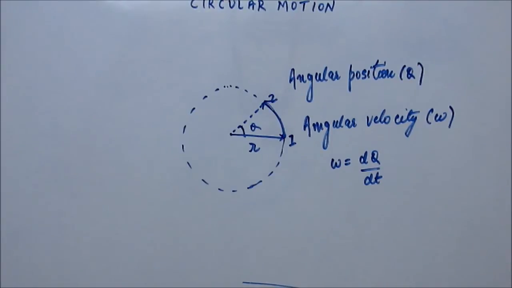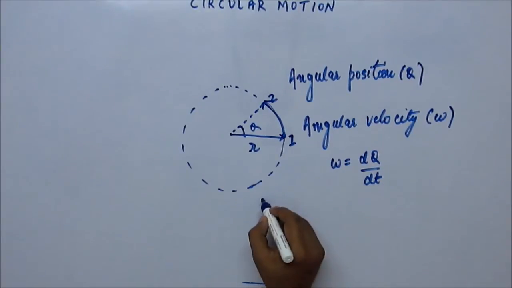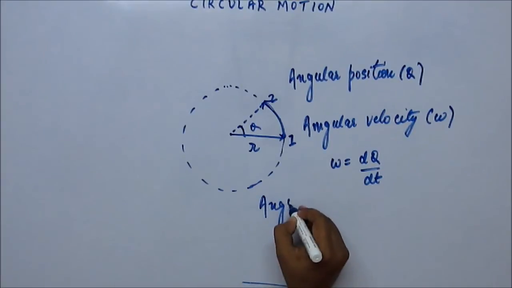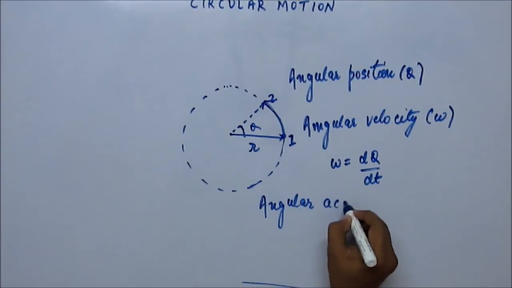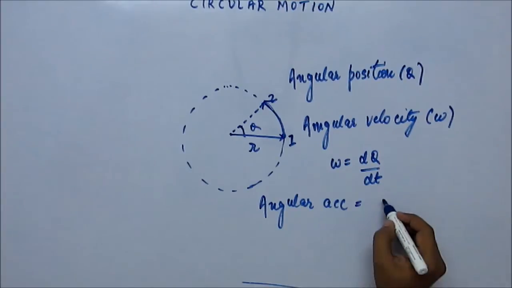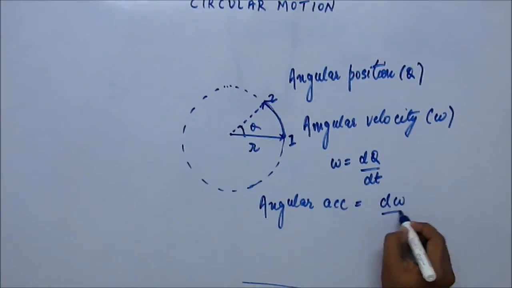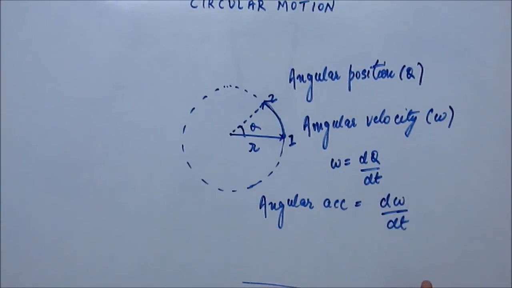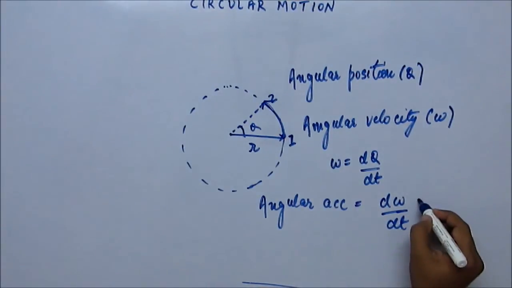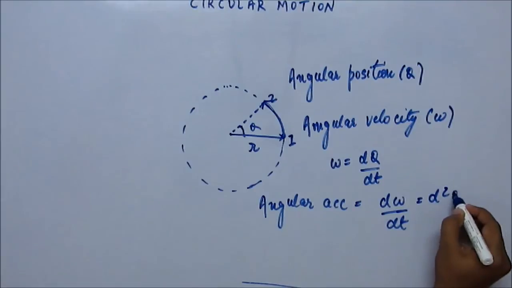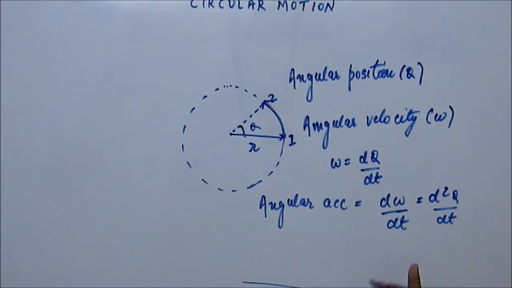Okay. Now we'll also have something called angular acceleration. Angular acceleration would be the rate of change of angular velocity, just as linear acceleration is the rate of change of linear velocity. Now d omega by dt, we can also write as d squared theta by dt squared, as we used to write for linear acceleration, d square s by dt square.